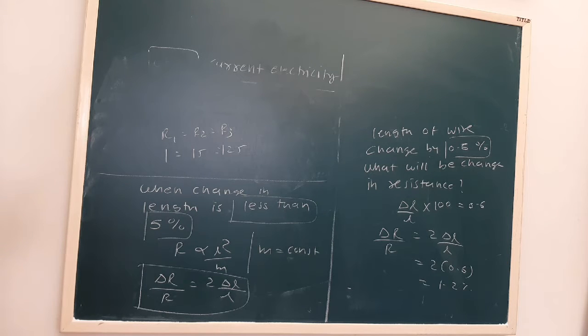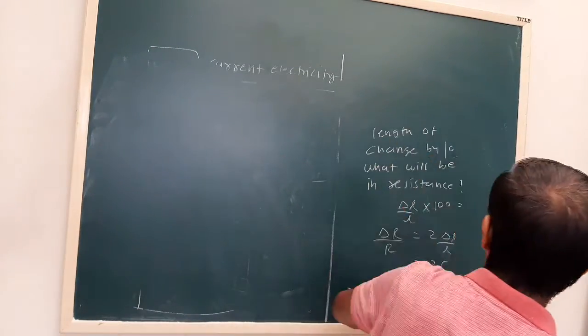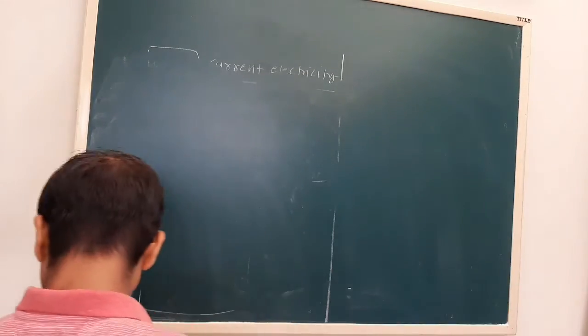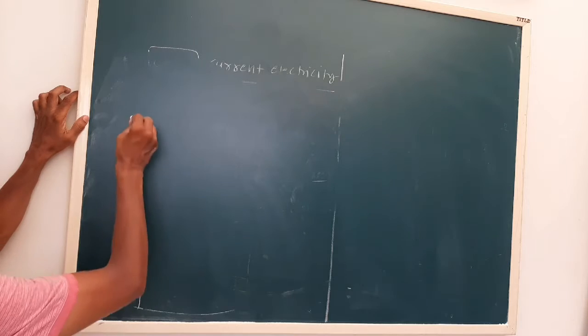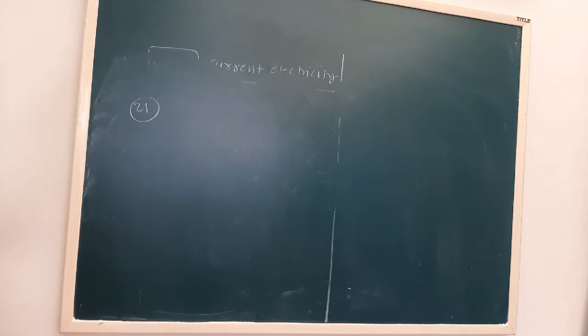Now see our next MCQ. That is MCQ number 21. Now this is related to potentiometer. A resistance of 10 meter long wire is 20 ohm.